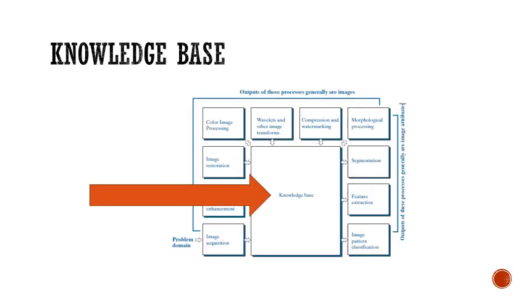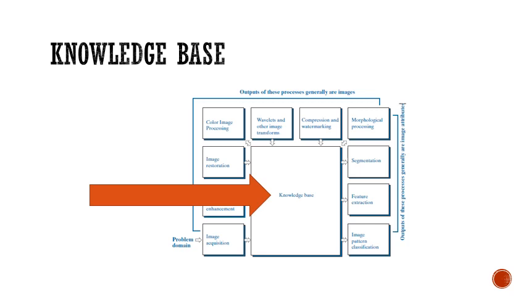The next most important component is the knowledge base. This is the same figure you saw in the first slide on fundamental steps in digital image processing. In the center, you saw that each of the steps is connected to something known as the knowledge base. So far, we said nothing about the need for prior knowledge or about the interaction between the knowledge base and the processing modules.